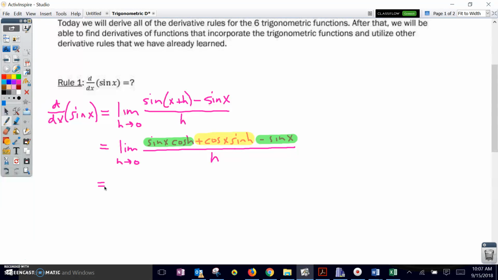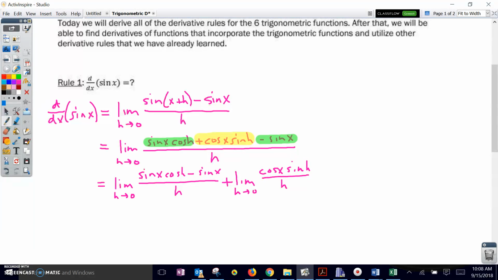And so this turns into the limit as h goes to 0 of sine of x cosine of h minus sine of x all over h, plus the limit as h goes to 0 of cosine of x sine of h all over h.